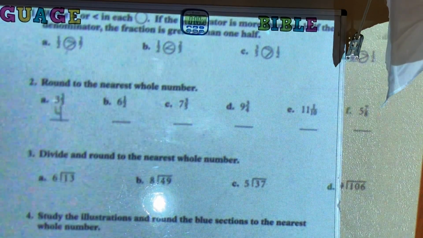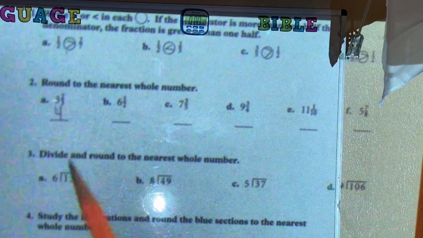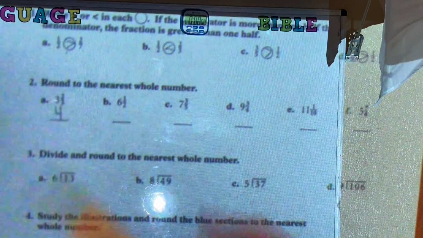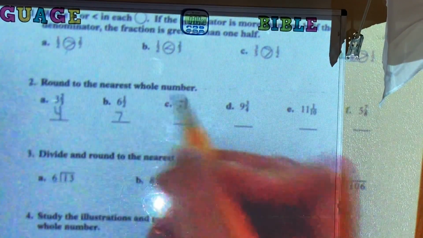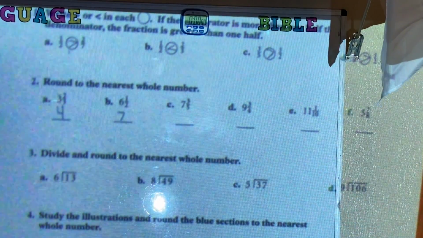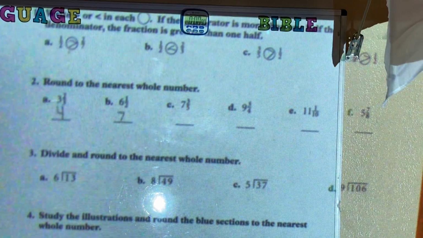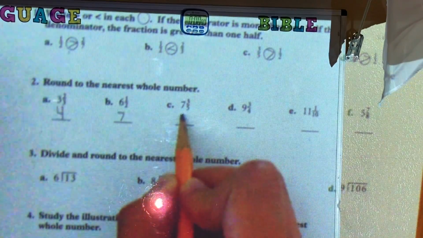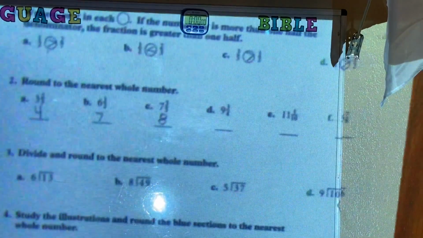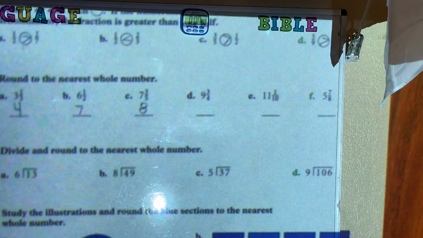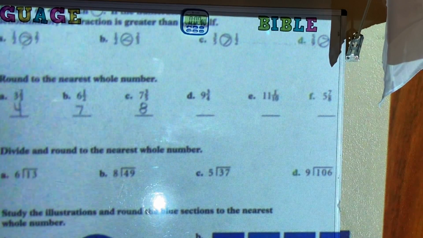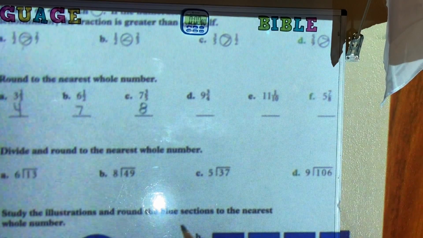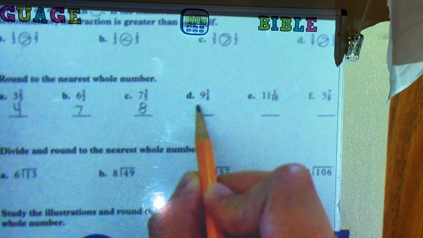Letter B, 6 and 1/2, because it is half or greater, we're going to add 1, so that becomes a 7. For letter C, 7 and 3/5, because it's greater than a half, that rounds off to 8. Letter D, 9 and 3/4, because it's more than half, then 9 becomes a 10.